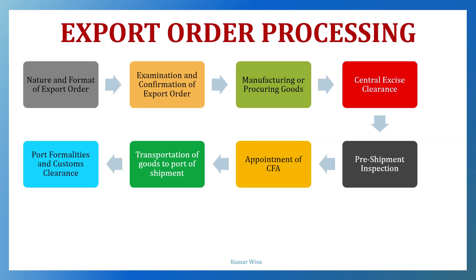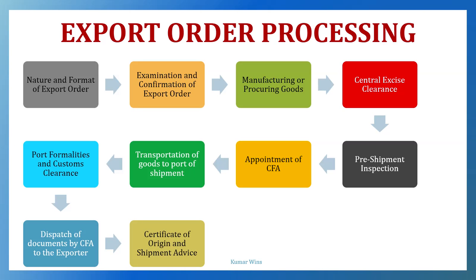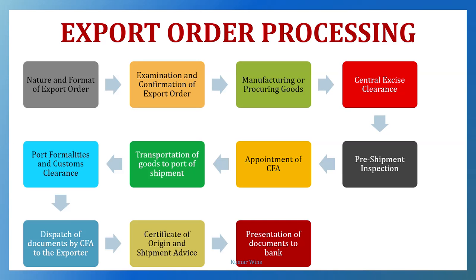Then after port formalities and customs clearance, the CFA dispatches the documents to the exporter. These documents are presented to the bank, which forms the basis for claiming export incentives.